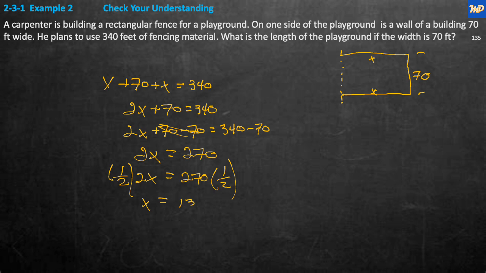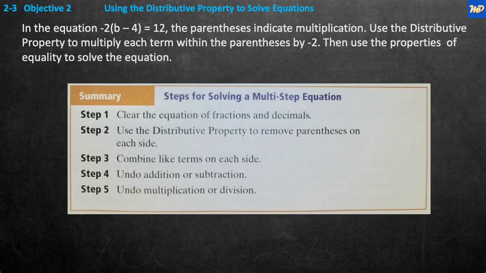It's 135. So our x is 135 over here and 135 over here, plus 70 there gives us pretty much the largest garden we can make with that one width of 70 feet. Okay, good job.